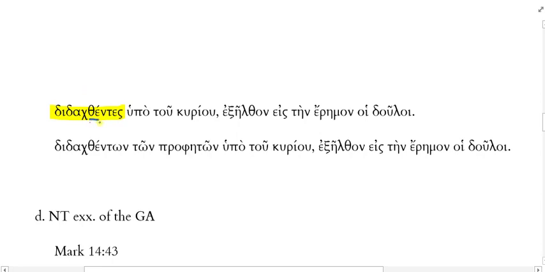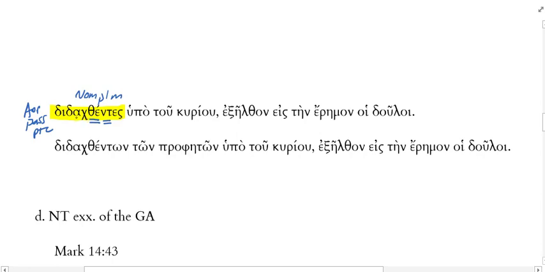Didachthentes. This is an aorist passive participle. Remember, the aorist passive participle uses theta epsilon, but it uses the active nu tau participle morpheme. And then the sigma is telling me it's nominative, plural, and masculine. Okay? Now, if this is aorist passive, then whoever it's describing is not doing the action, but rather having the action done to them.